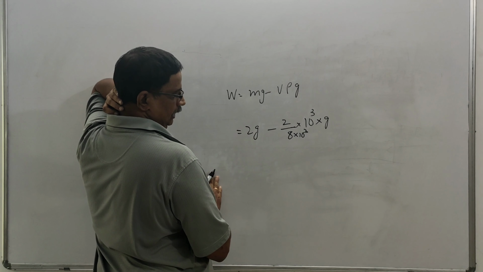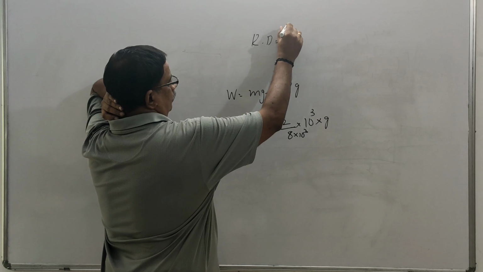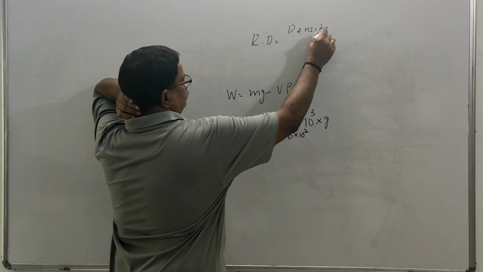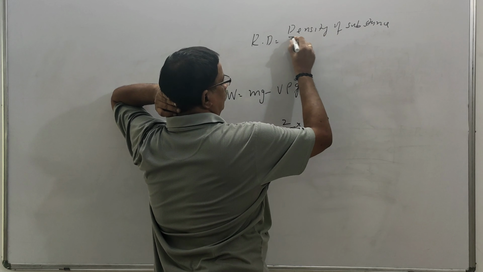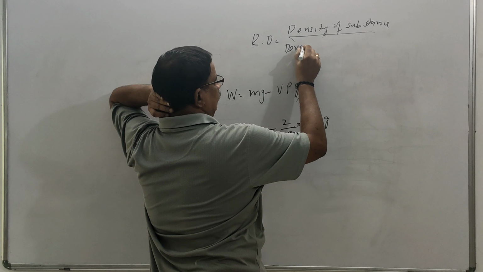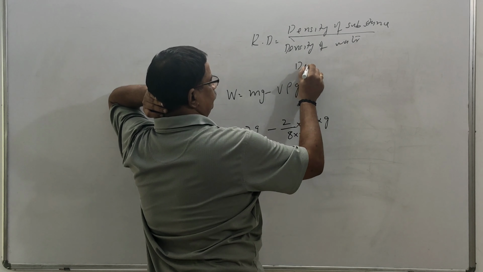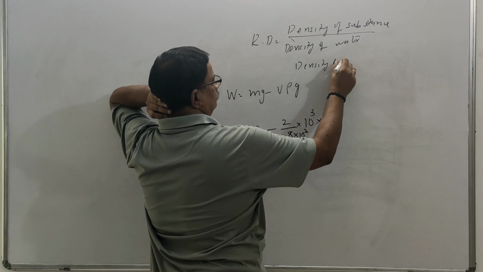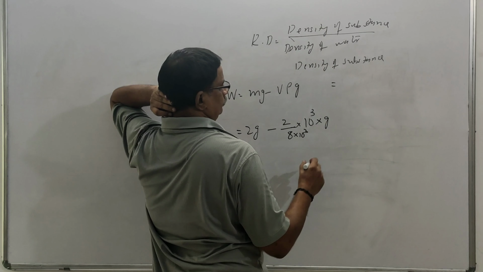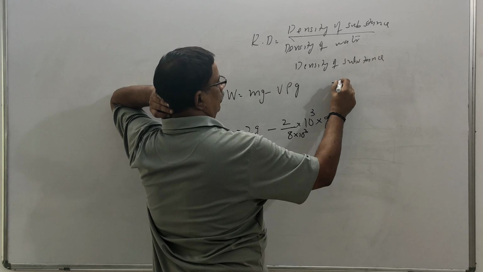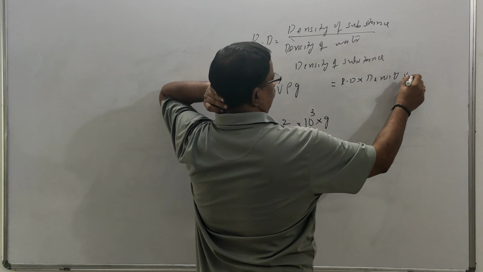Relative density is given. Relative density is density of substance divided by density of equal amount of water. So density of substance will be, relative density and specific gravity are the same, I told you, relative density into density of water.